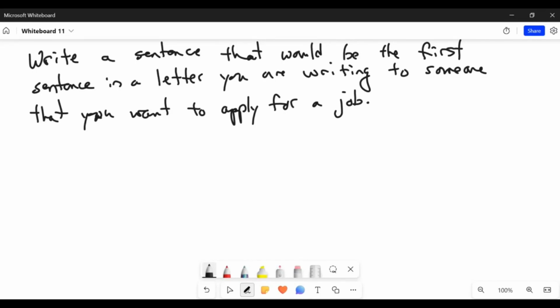Basically, this first sentence is introducing yourself. You're introducing yourself to this person because you want to apply for a job. What is that first sentence going to be?